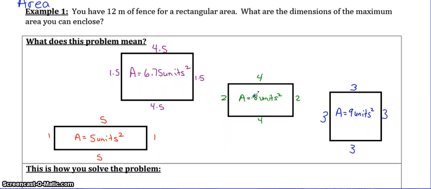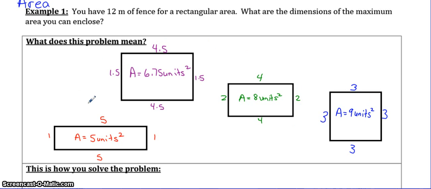So here are four examples. There are an infinite number of possible examples because decimals are allowed. Here are four types of rectangular areas that have a perimeter of 12 meters: 5 by 1, 4 by 2, and so on.